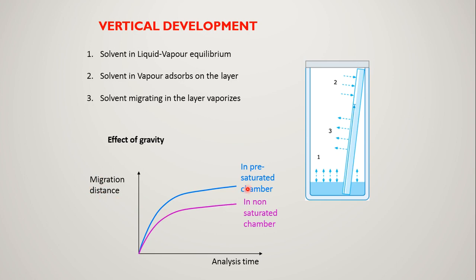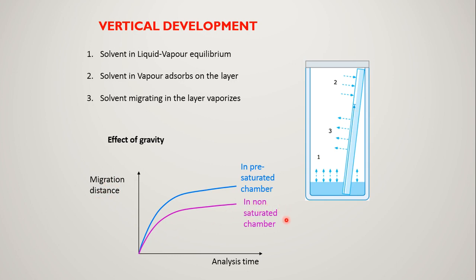That actually depends on the saturation of this development chamber. On the x-axis we can see analysis time or development time of this TLC plate, and the y-axis shows migration distance or solvent front in this TLC plate.